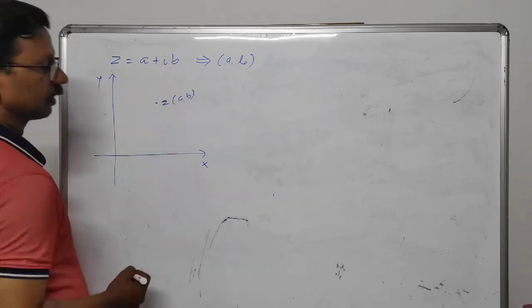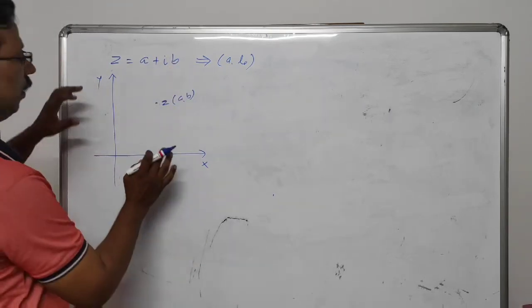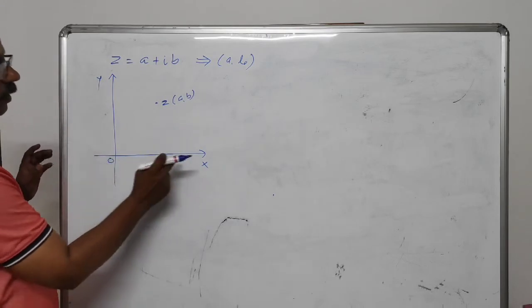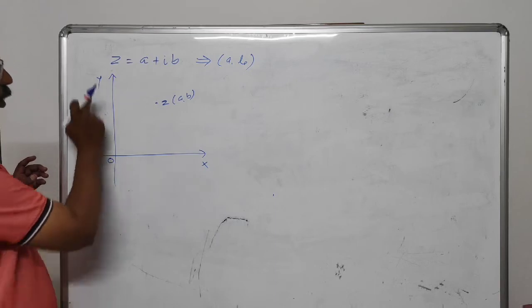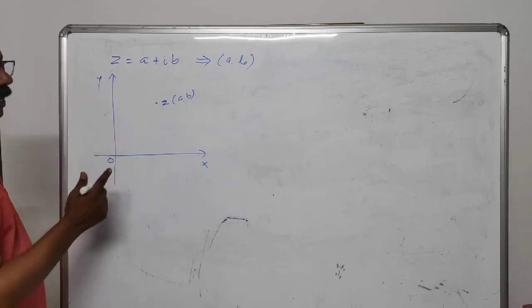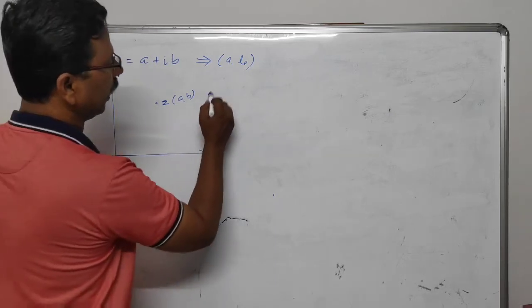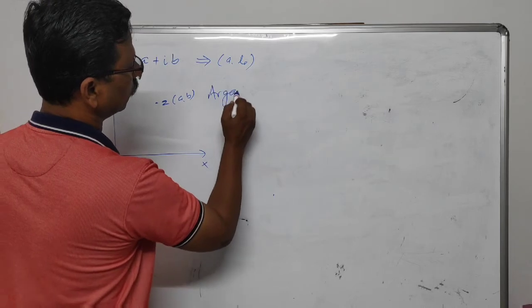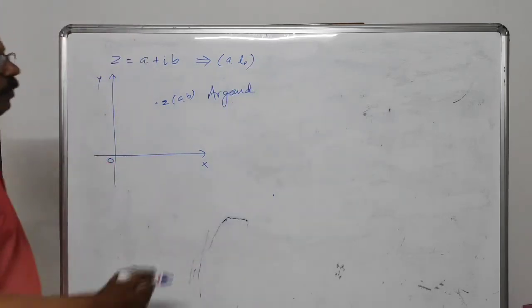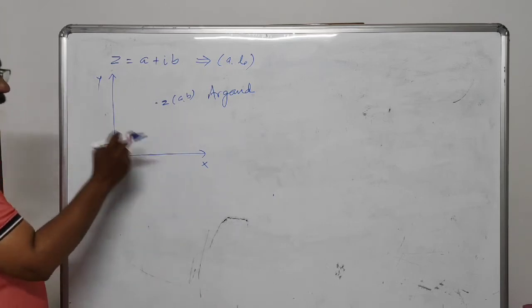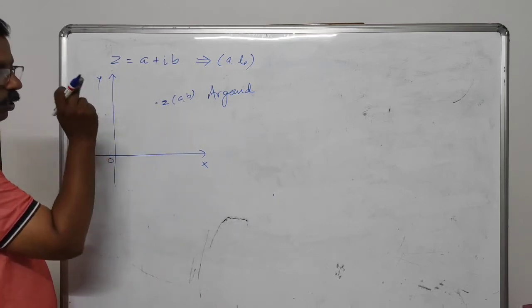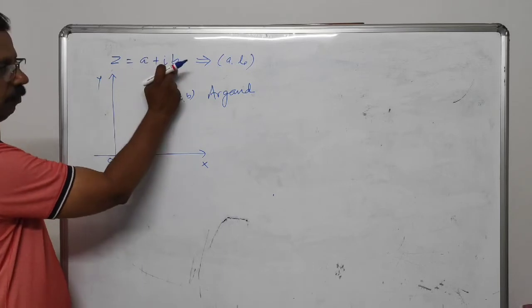Now this is a complex number. Whenever you plot this point in the xy plane, this plane can be called the Argand plane, or you can say a complex plane, because in this plane we are going to plot only complex numbers.